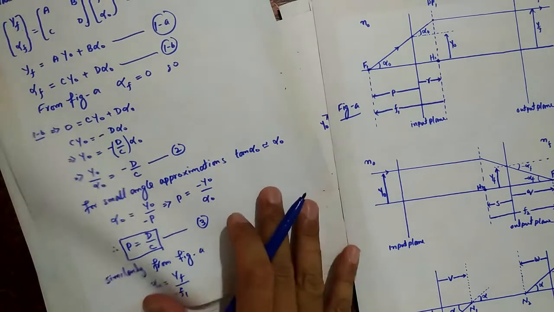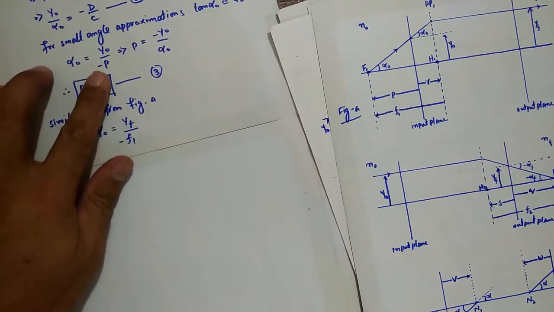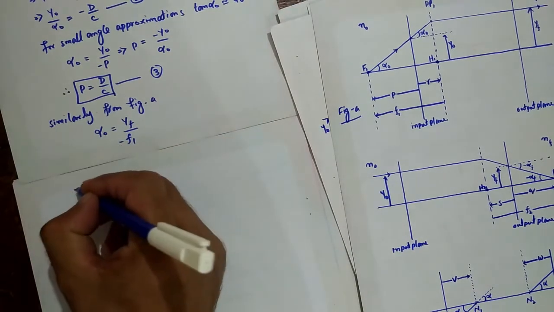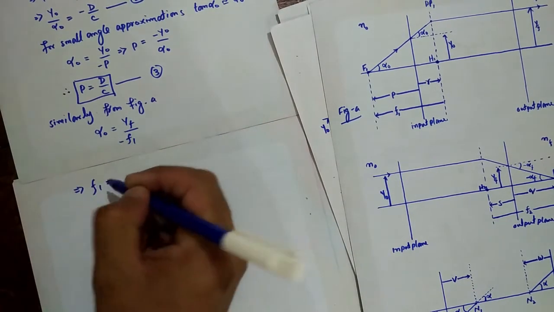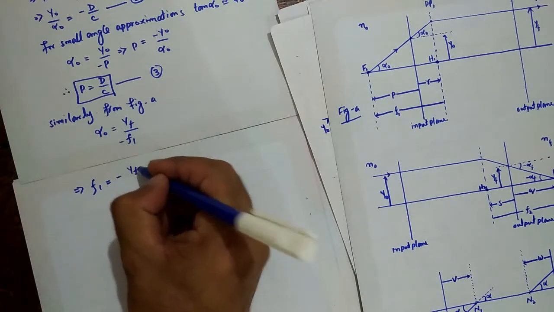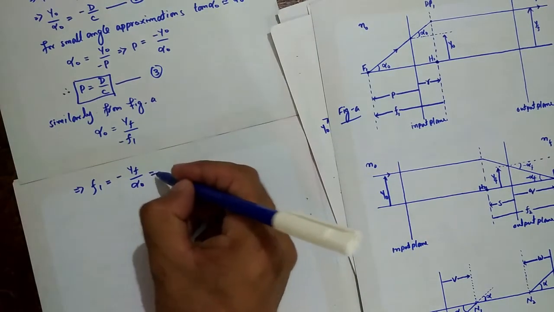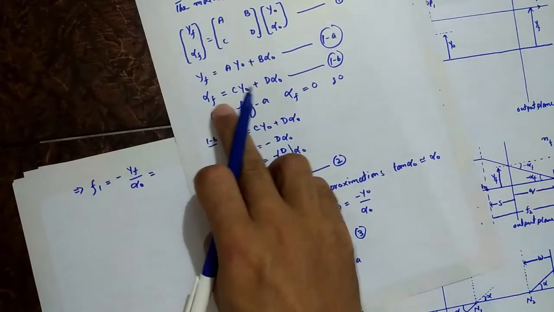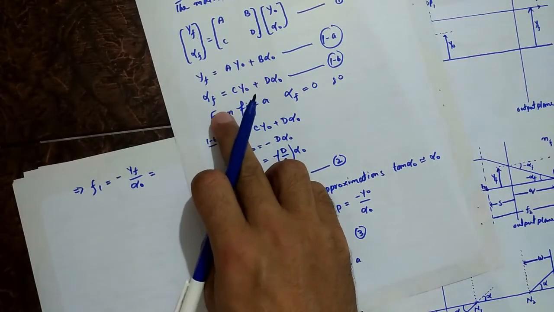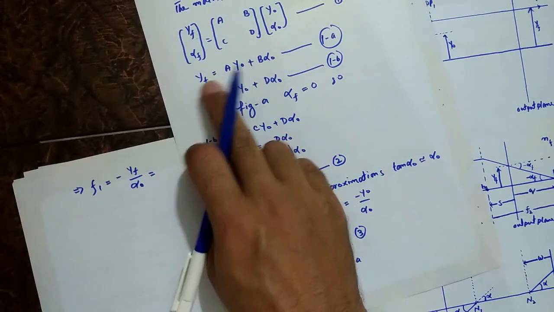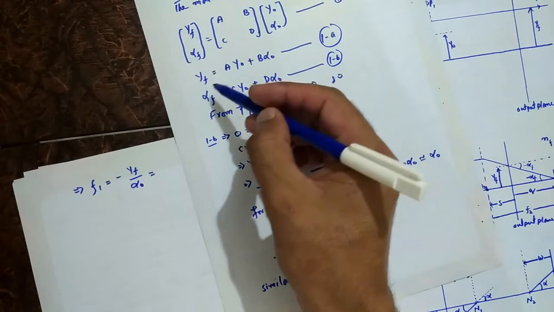And thus, from this equation, f1 will be equal to minus yf upon alpha naught, and this is yf, from equation number 1a.